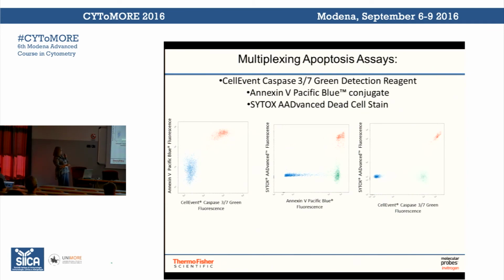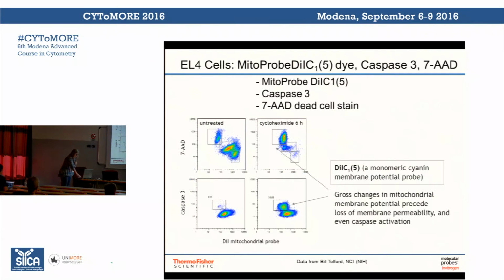So here is caspase versus annexin versus a dead cell stain, and caspase versus a dead cell stain. It's kind of hard to see the populations there, but this is a fairly easy combination to do, and certainly something that I'm sure everyone in this room could do.